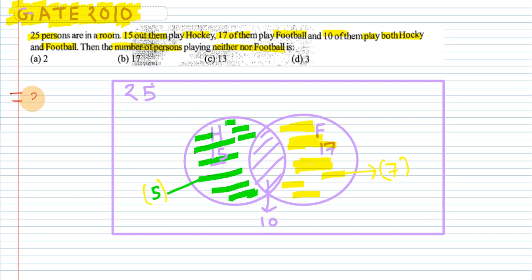There are 25 persons in the room. And if we subtract the players, meaning the 5 who play hockey only, the 7 who play football only, plus the 10 who play both, then we will get the players who play neither hockey nor football. So 25, and if we subtract 7 plus 5 is 12, plus 10 is 22, then it comes out to be 3.